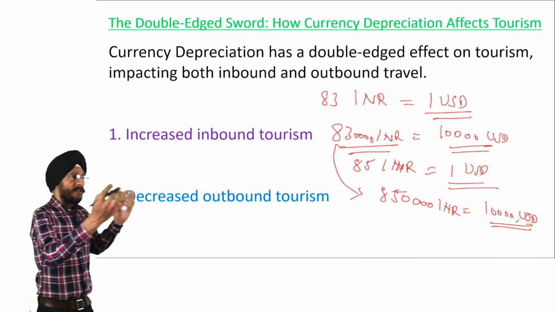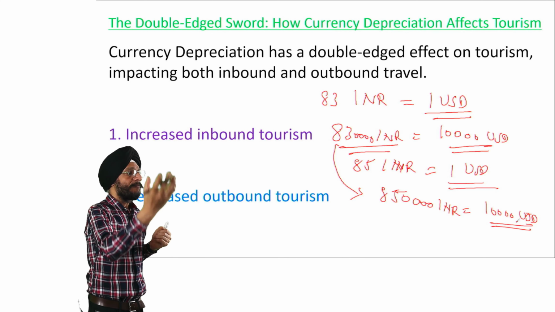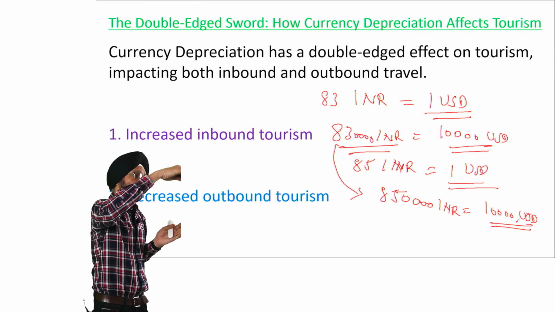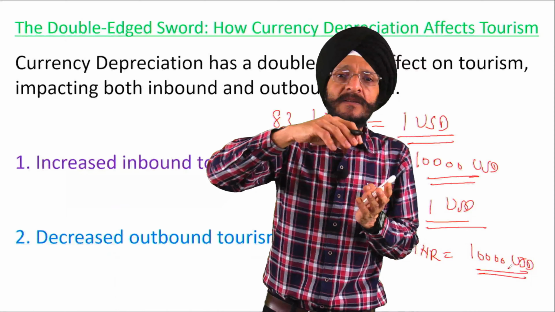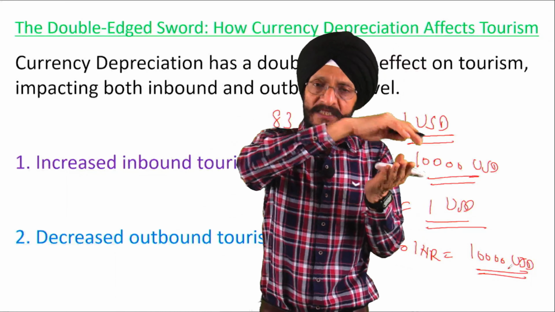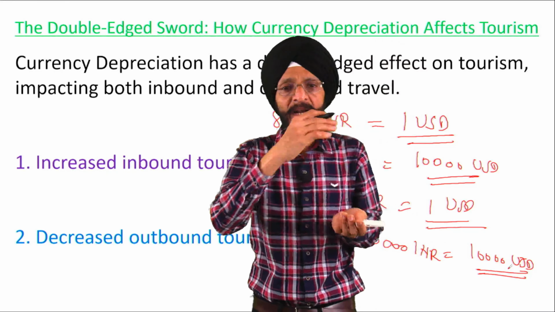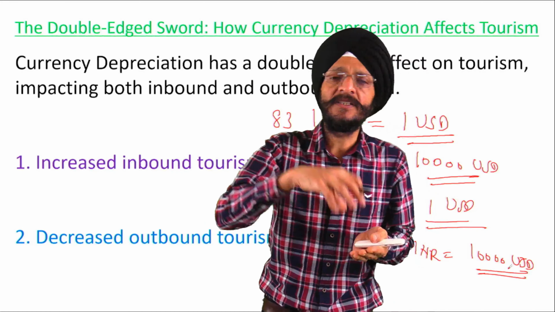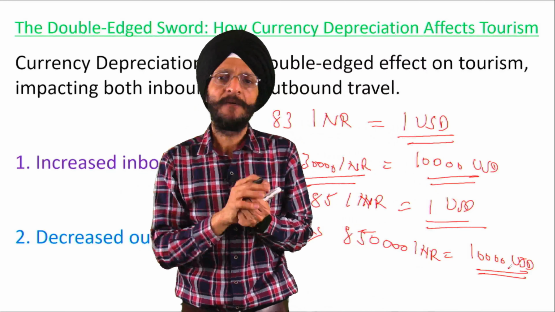So the purchasing power in the hands of foreigners has increased. They can spend more Indian rupees while staying in hotels. They can spend more on hotels, food expenses, or buying goods and items in India.